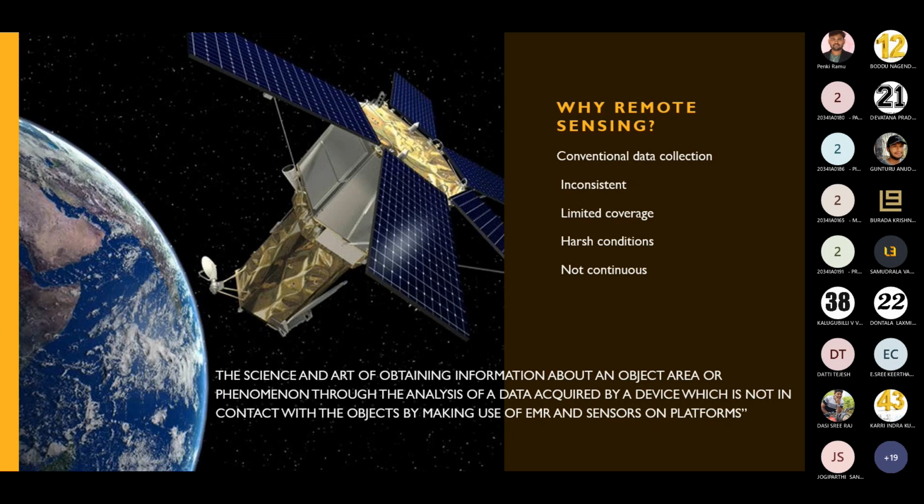They can be inconsistent, and because of equipment condition also the observations could be inconsistent, and manual observations provide very limited coverage. Often you have to carry out observations in harsh conditions, and most of these observations are very discrete. They do not provide continuous or spatially covered observations.